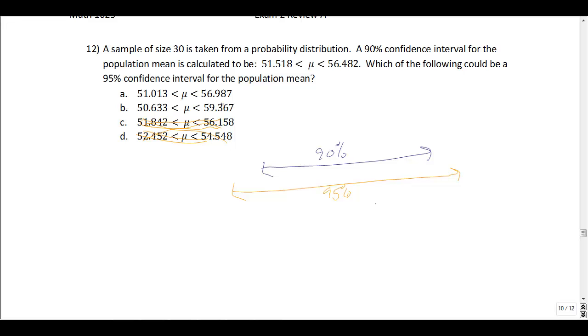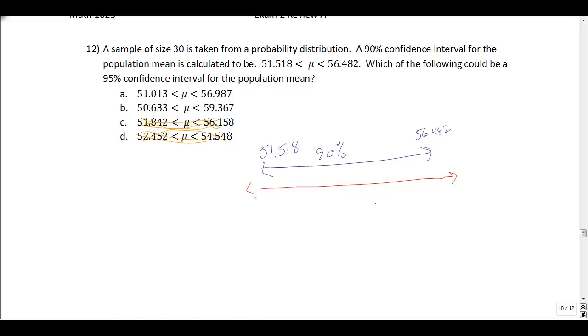What we can do is see how much they got bigger. Let's say this is 51.518 and this is 56.482, and then we've got two potential intervals. Let's take a different color, this red one.